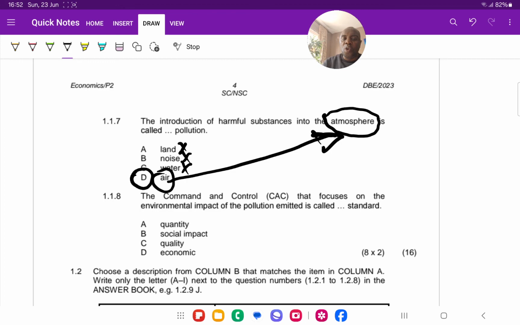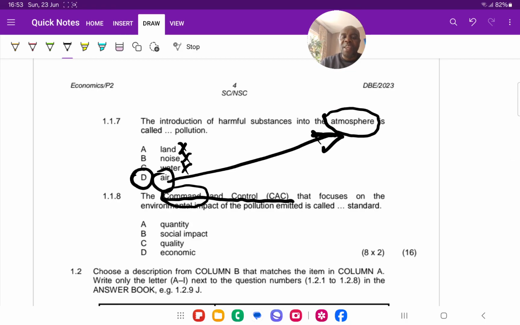Let's look at the last question, 1.1.8. The command and control that focuses on the environmental impact of the pollution emitted is called dash standard. For you to be able to get these 2 marks here, you need to understand what is command and control. When you look at the word command, the government gives a regulation that businesses are supposed to emit maybe 1,000 grams of carbon dioxide in a week.